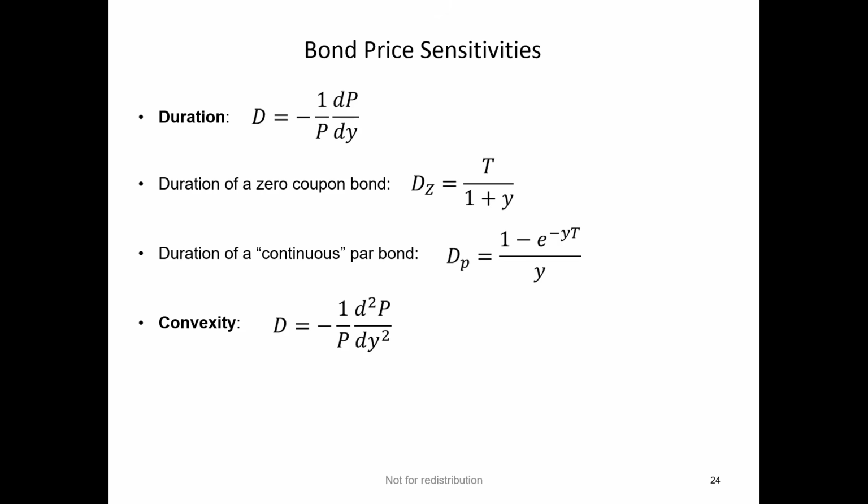And what are sensitivities? Those are derivatives, right? In the finance and fixed income world, they're called durations because they're usually scaled by price. So a very important measure is the duration of the bond, which is the derivative with respect to yield.